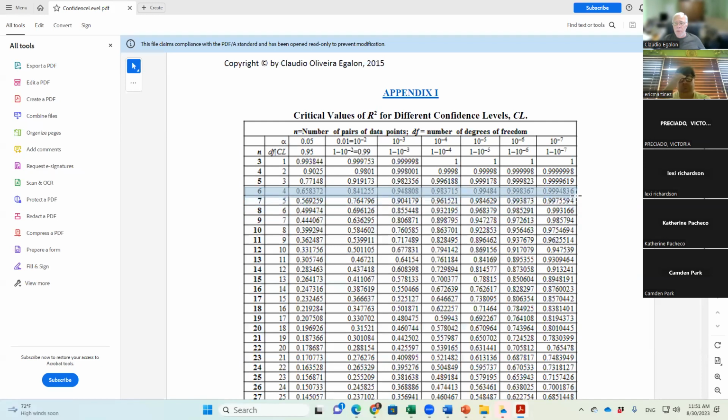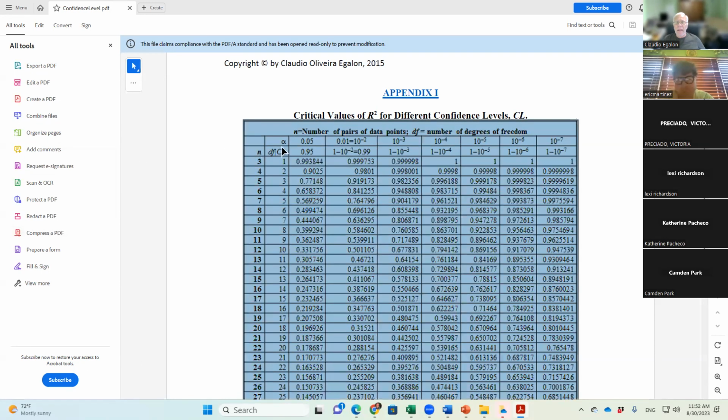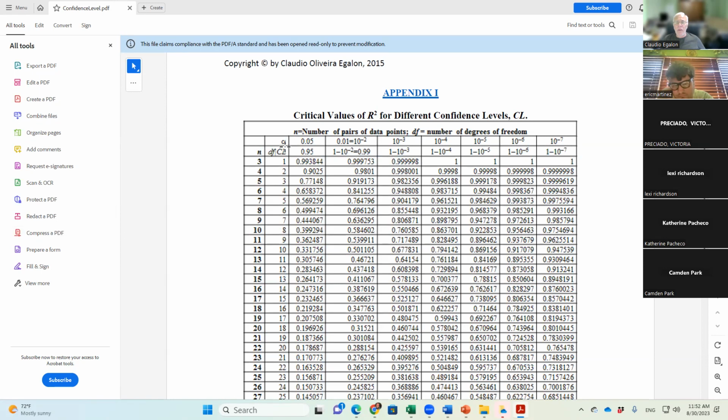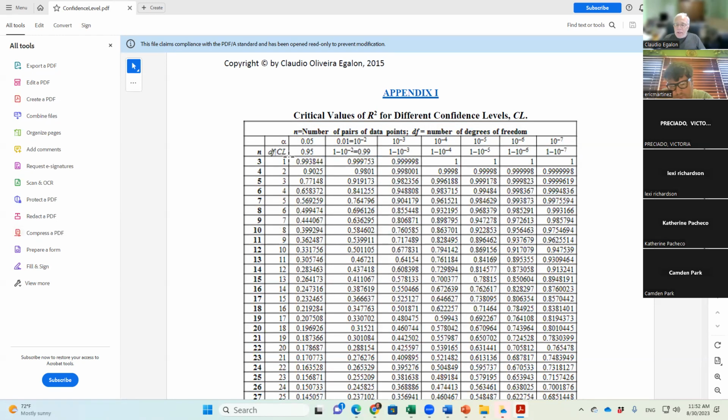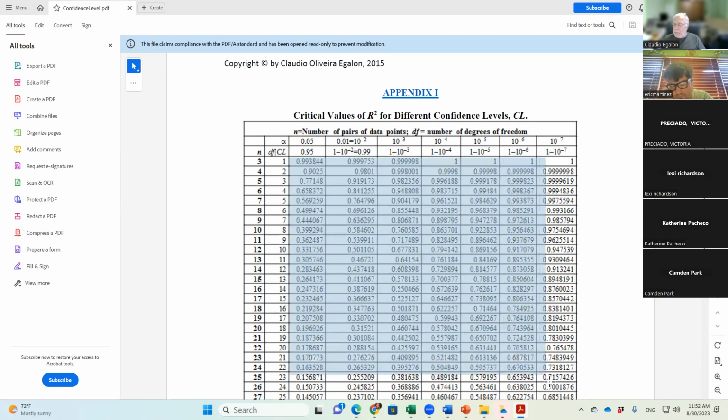Every time I perform an experiment, I want to collect at least 6 data points. You have to concentrate only on this column and this row. Everything else is unnecessary. This column is N, and this row is the confidence level, CL. Everything else that you see here is your R squared value.